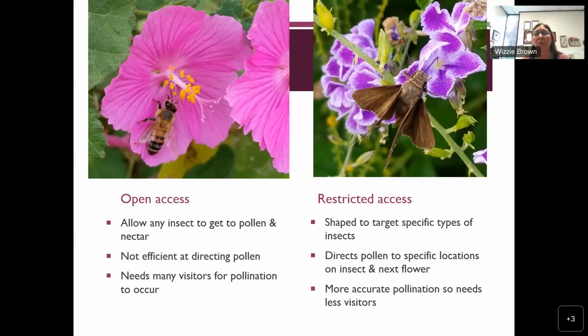And this is going to be more accurate in having pollination occur. And so they tend to have less visitors required for pollination to happen.